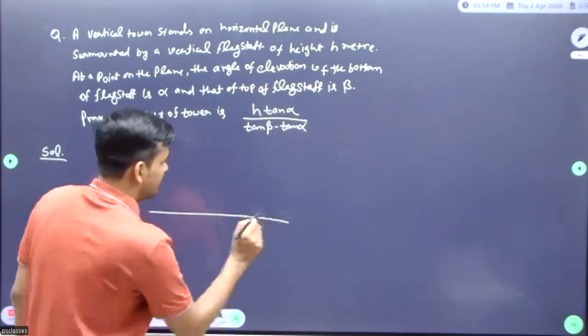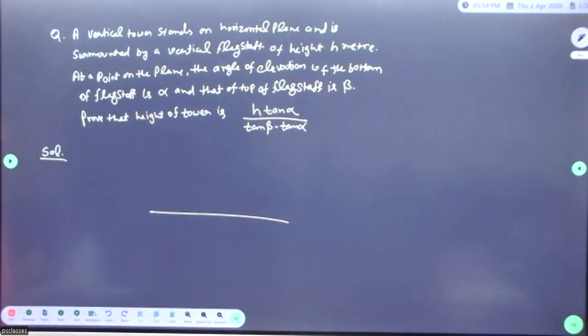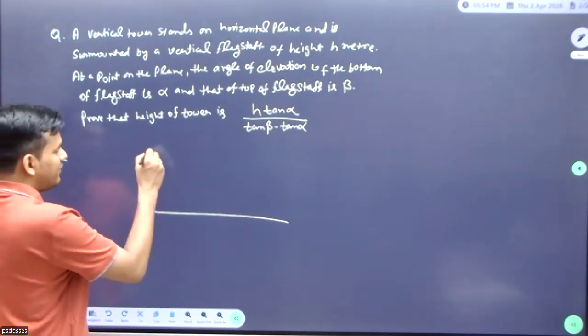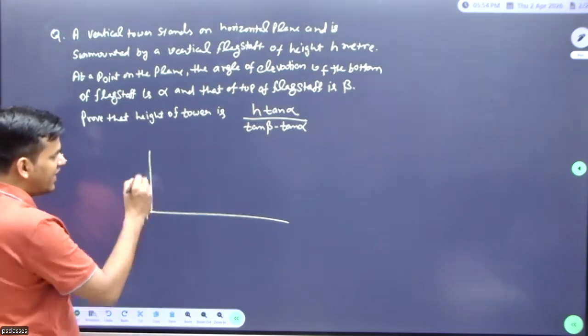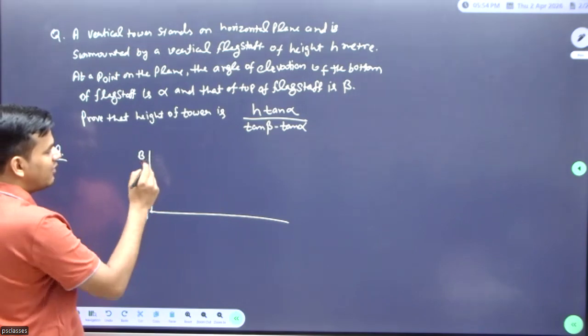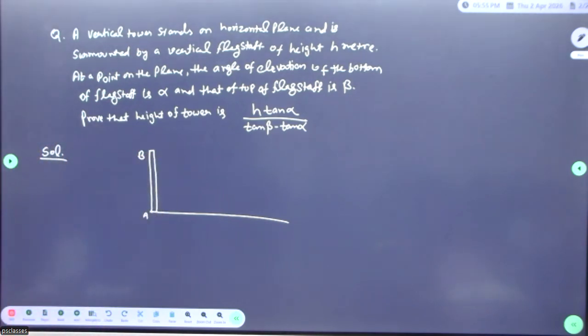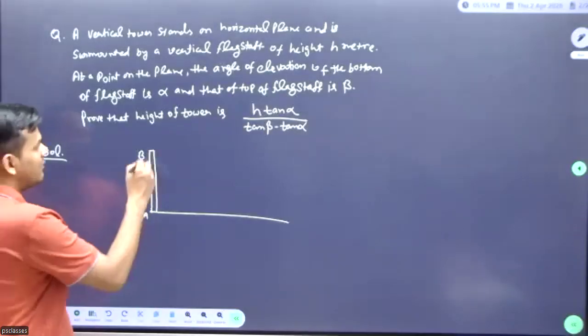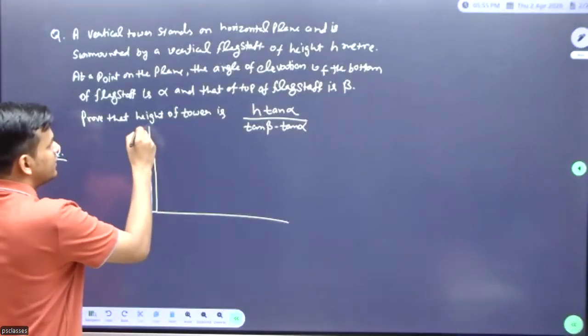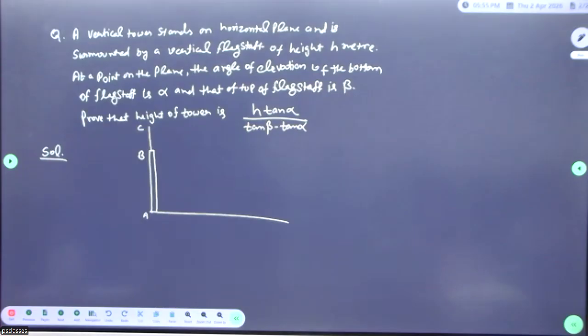So on the vertical tower, in this case, let's say AB is a tower. On the top of tower, there is a flagstaff. So BC is the flagstaff. And the angle of elevation of the bottom of flagstaff is alpha.